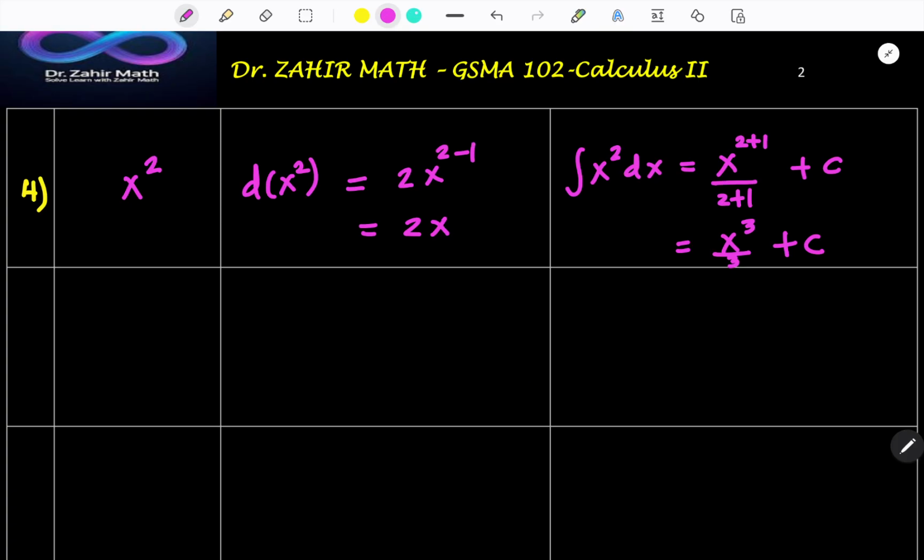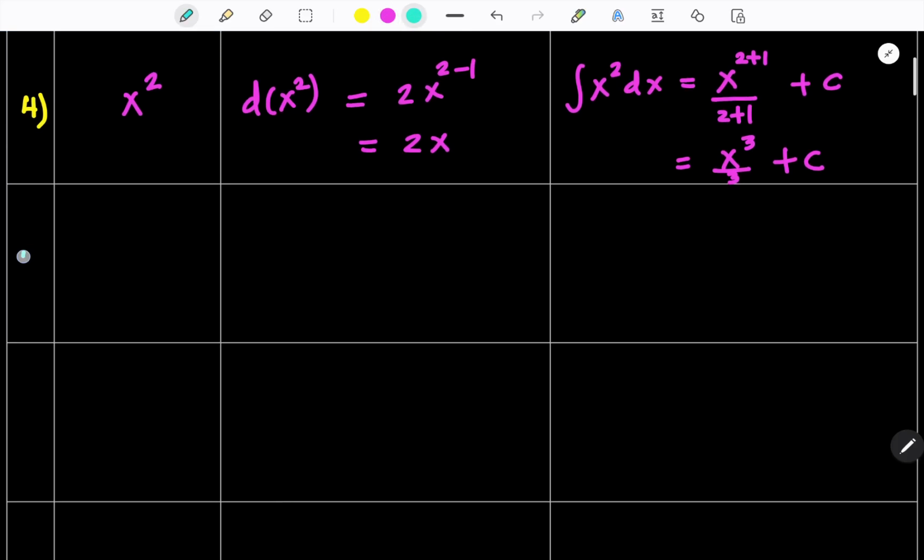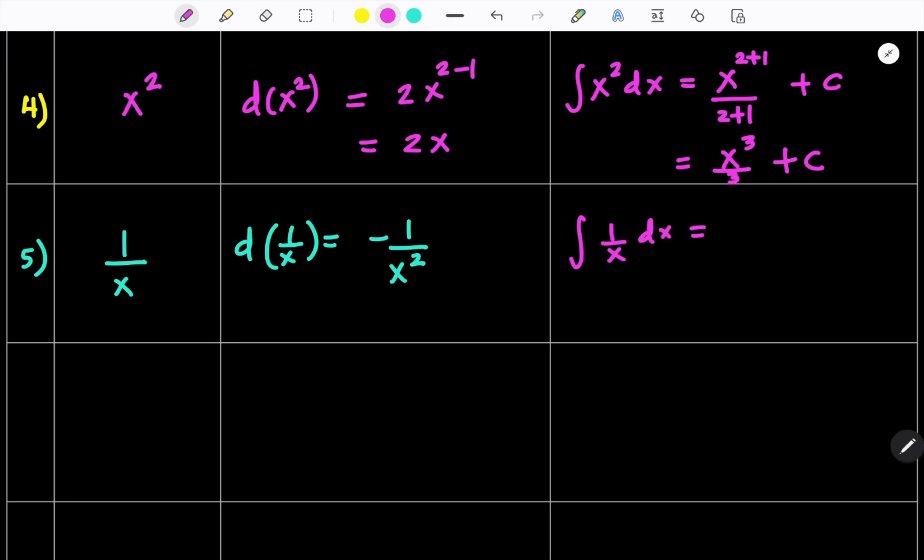Let's go to the next formula. Take the function 1 by x. What is the derivative of 1 by x? I taught in the calculus video, it is minus 1 by x square. And what about the integral formula? If you want to integrate, integral 1 over x dx, the derivative of x is 1.